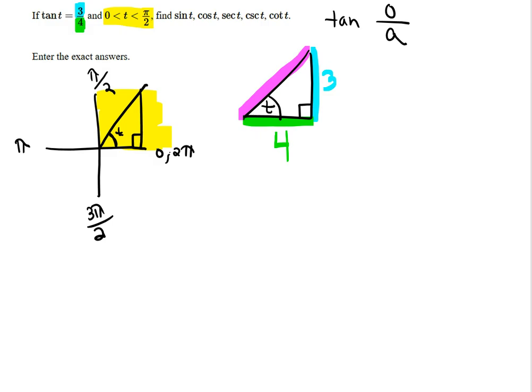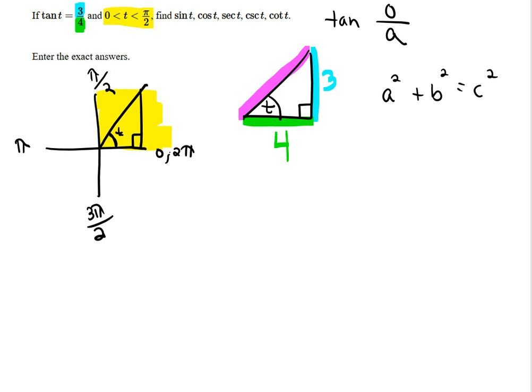Which means in order to figure out sine and cosine, I need the hypotenuse. So we're doing the Pythagorean theorem. The Pythagorean theorem says that a squared plus b squared equals c squared.